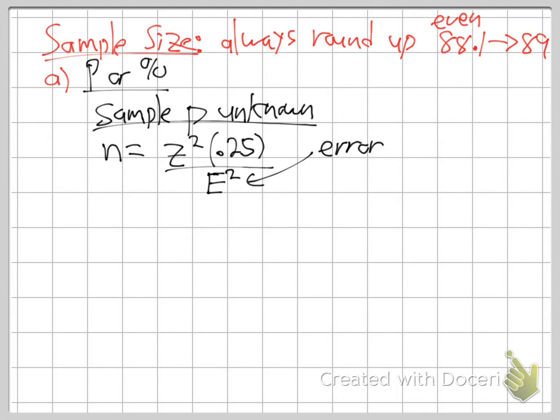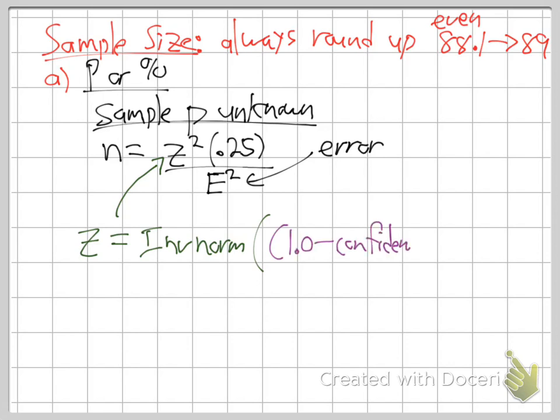And Z, like what's this Z thing? The Z equals inverse norm, parenthesis, and then another parenthesis, 1.0 minus the confidence level given, divided by 2, 0, 1, and then the outer parenthesis. All right, all of that.